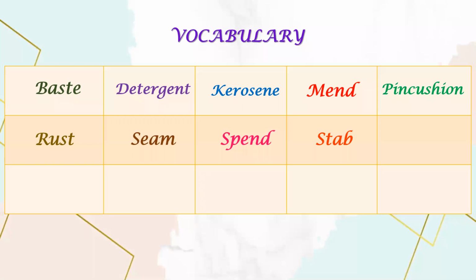Stab. Stab is to push a sharp object in. For example, if we have a stitching needle and we would like to stitch a cloth and we put it inside, that means stab.